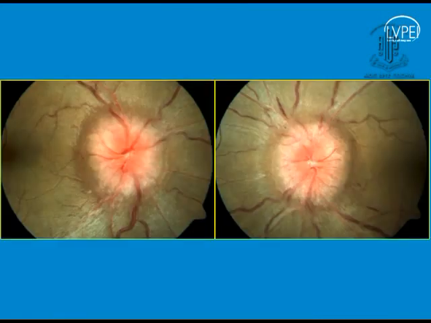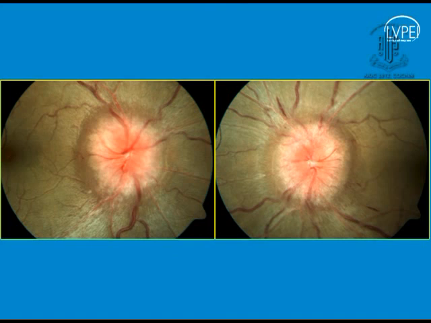pseudodisc edema. These discs are from a female who is 47 years old and she complained of blurring of vision in her left eye for the past 4 months. Her vision was 20/20 in both eyes and the discs were like this. Now both the discs are swollen and we will apply our template in this situation.